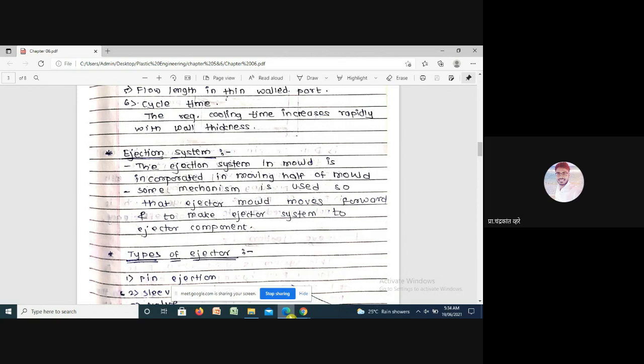This is all about the ejection system. We have different types of molding, injection molding, blow molding, and many more.